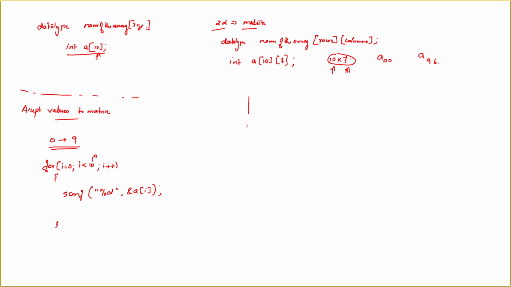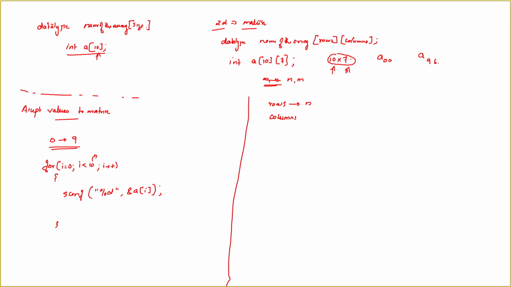Now, regarding a matrix, you all know that there are a number of rows and a number of columns. Let the dimension of the matrix be n comma m.